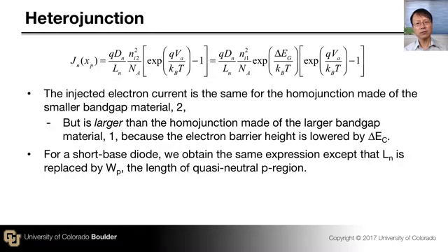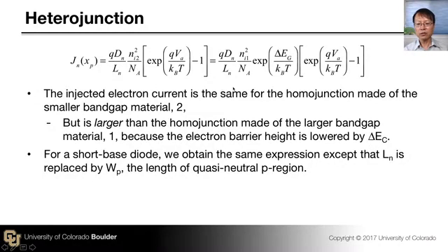However, it is larger than the homojunction made of the larger band gap material 1, because you are going from a larger band gap material to a lower band gap material, and therefore the energy barrier is lowered by the conduction band offset, delta EC.